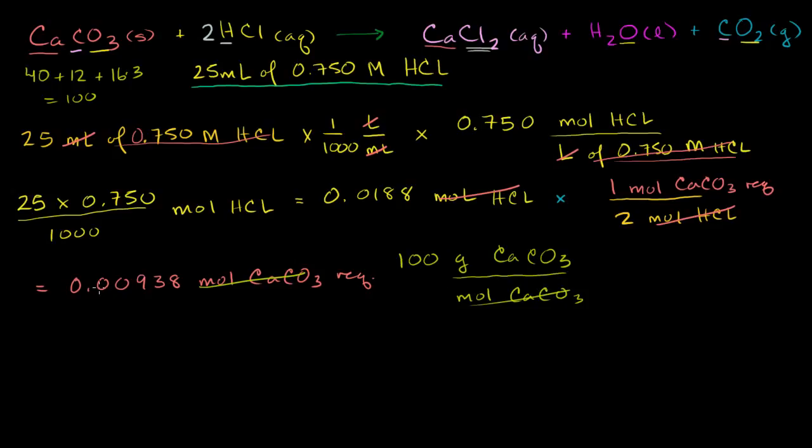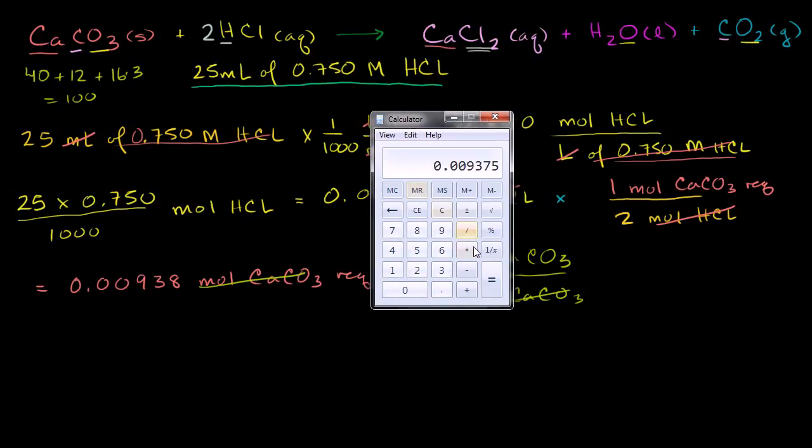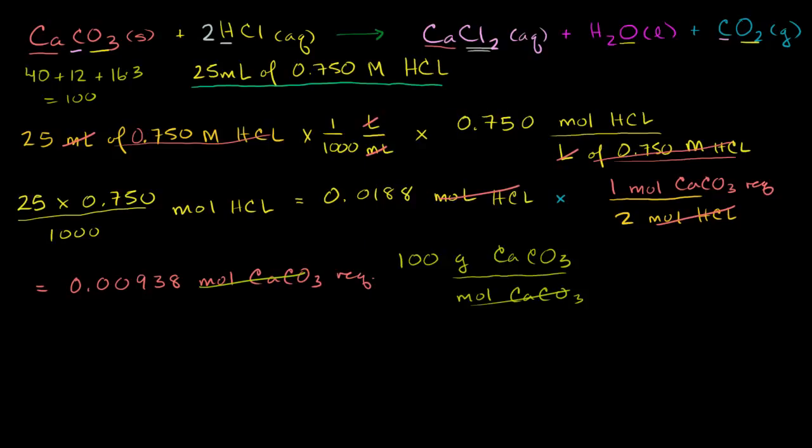We essentially just have to multiply this thing times 100. And we had rounded it, so it's 0.938. So it equals 0.938 grams of calcium carbonate.